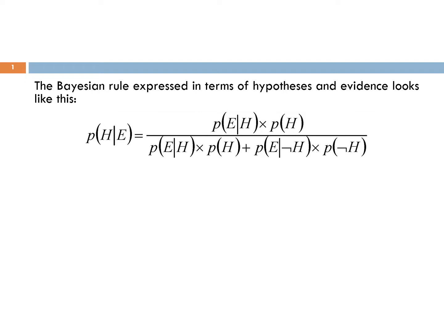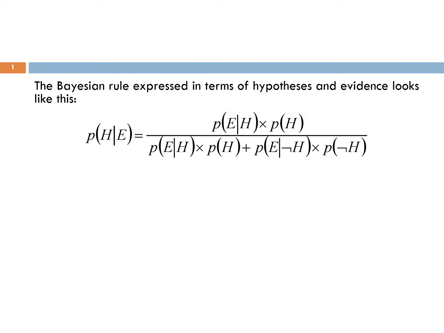Okay, if you look here, based on the Bayesian rule, we have a probability of the evidence, probability of the hypothesis. We observe the hypothesis where the evidence occurs.